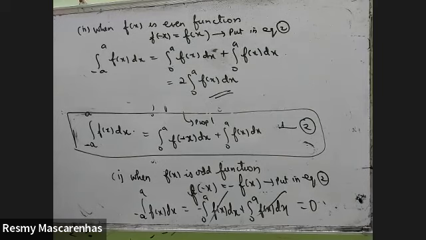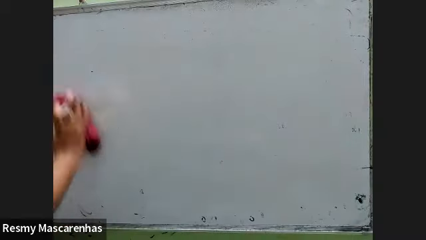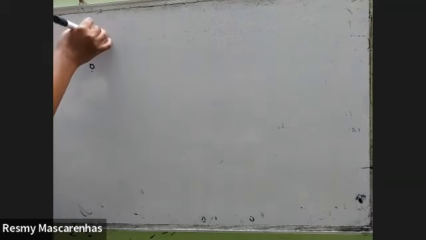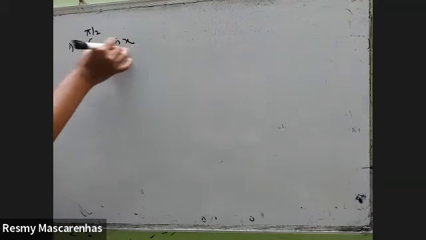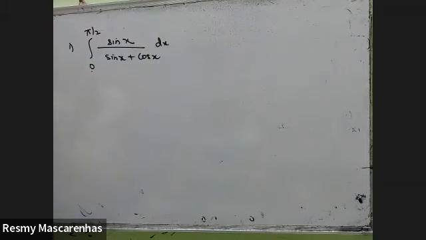You now will solve some problems based on the properties. This is pi by 2. Now these are with limits. Okay, some functions are there.